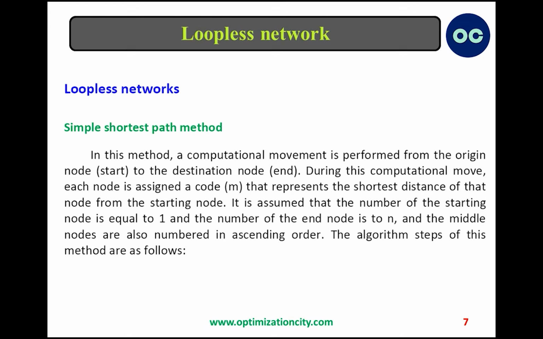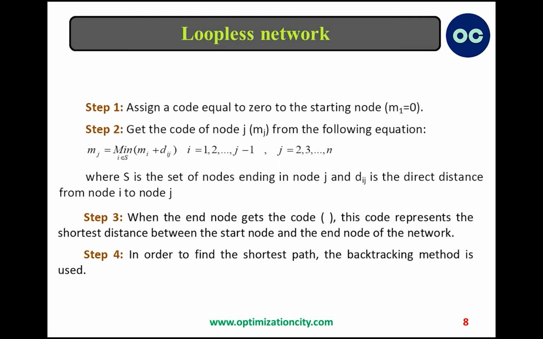The algorithm for the loopless network for shortest path problem is as follows. In step 1, we start by setting the code of the starting node to 0. M1 is equal to 0. In step 2, calculate the code of node j, which is Mj, using the following equation, where S is a set of nodes that lead to node j, and dij represents the direct distance between node i and j.